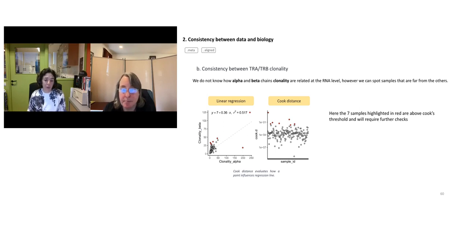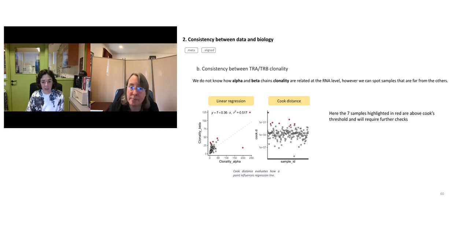So in all cases, what we try to see is a correlation between the beta chain and the alpha chain, just to ensure that we are not over-expressing one of the chains and skewing the diversity that will compose the repertoire. So this is also something that we can do through this study.